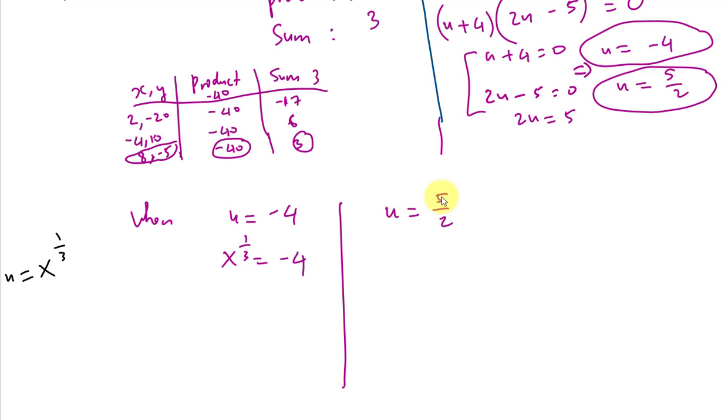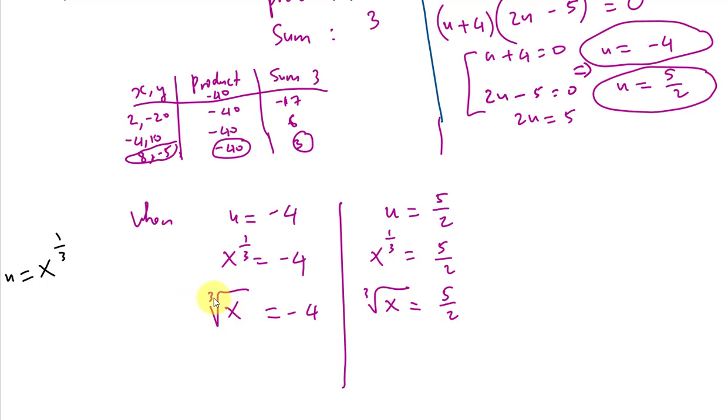And when u equals 5/2, x to the 1/3 equals 5/2. At the end, you are solving for x. This is the 1/3 power, so you can rewrite it as the radical: the cube root of x equals -4, and the cube root of x equals 5/2. And we are looking for x.